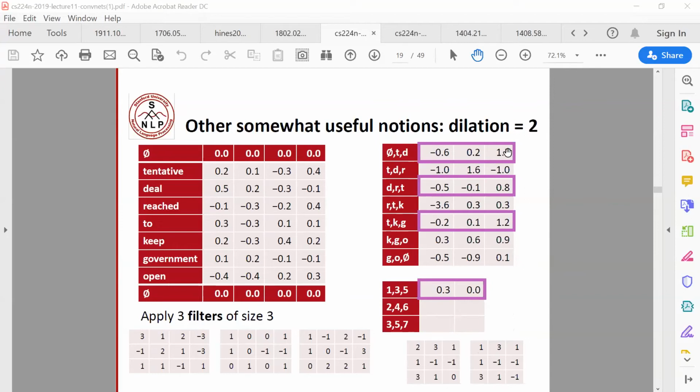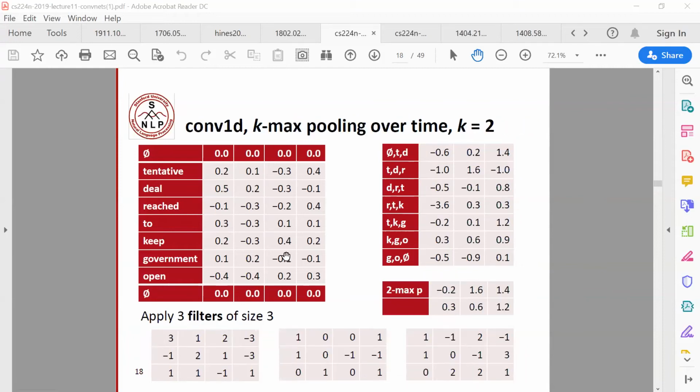And then he talks about dilated convolutions. In this case, the dilation is being applied after the first set of 3 filters. So we apply the 3 filters, and we get the same result that we got before. Remember, the first row starts with -0.6, and the last row starts with -0.5. This is just the result of applying these 3 filters.